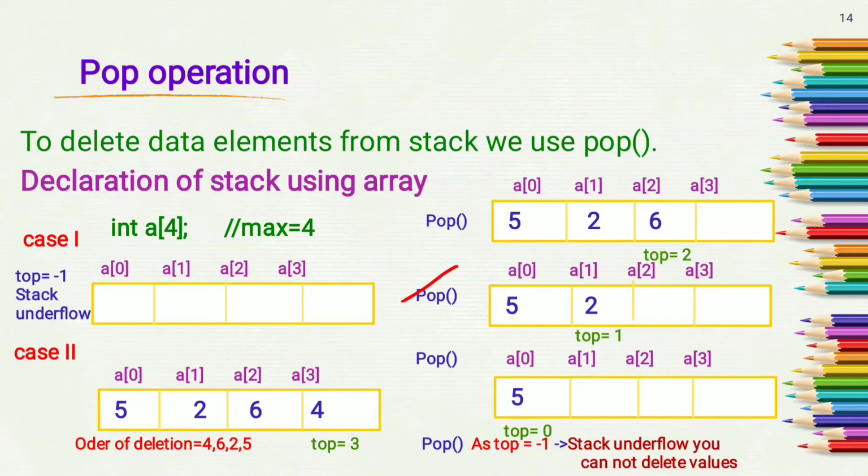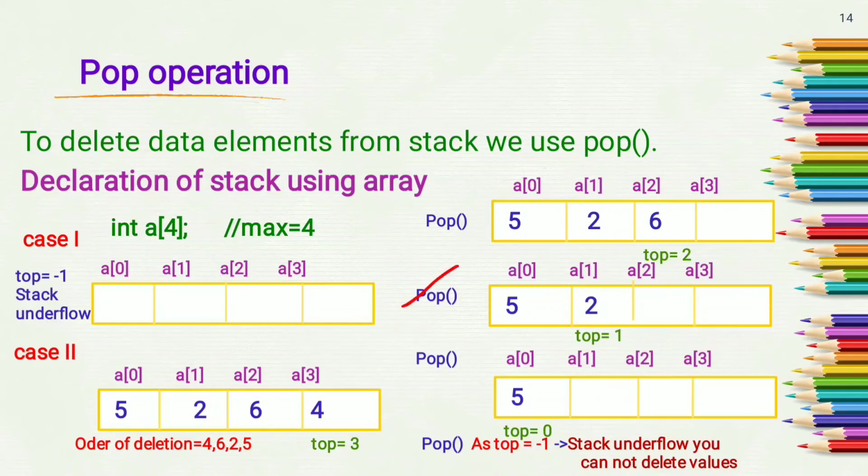Again I am performing the pop operation. So first we have to check, is the value of top equals -1? No, top contains 2. Then access the value of a[2], that means a[top] from the array, and we get 6. That means the second value we get is 6, and we decrement the value of top by 1. So now top contains index value 1.